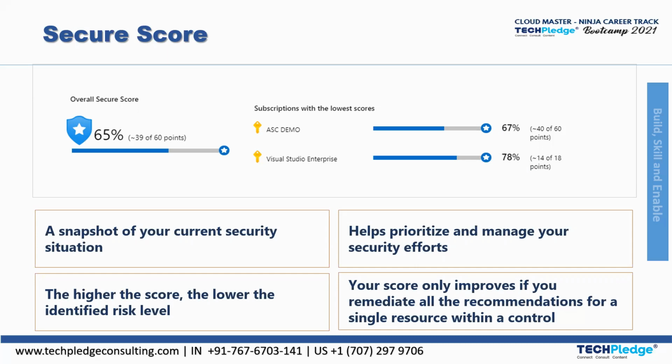Whenever you make a change, a snapshot takes place, and it helps to prioritize your security efforts. It gives you recommendations and remedies to control your security. Then it gives you a score showing whether your risk level is high or low.